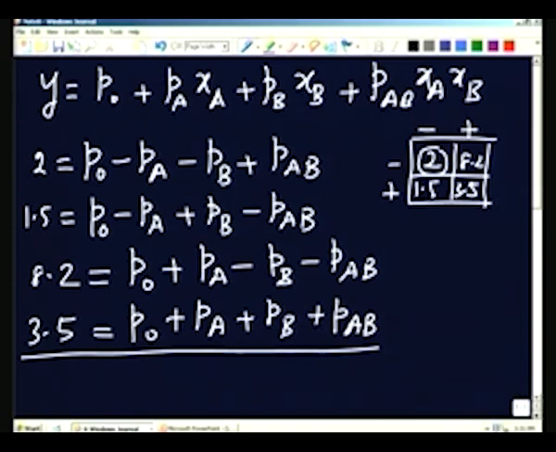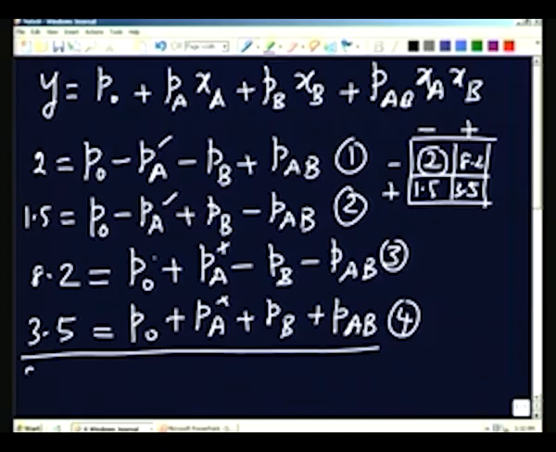Okay. Some of the conclusions which we are going to draw regarding the nature of the effect of the factors is coming from these 4 equations. You will also notice that if I simply add these equations, all the other quantities will become 0, because minus P A and there is a plus P A and plus P A. These two are going to cancel off with this. Minus P B plus P B minus P B plus P B, they will cancel. Therefore, if you simply add these equations, suppose I call it 1, 2, 3, 4.